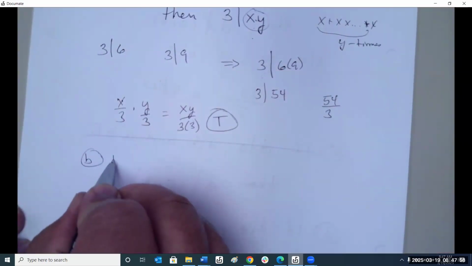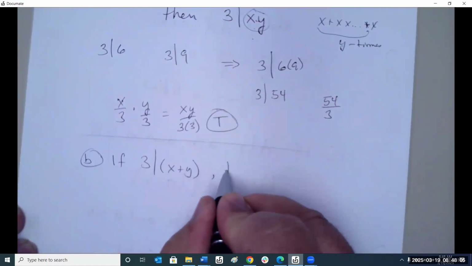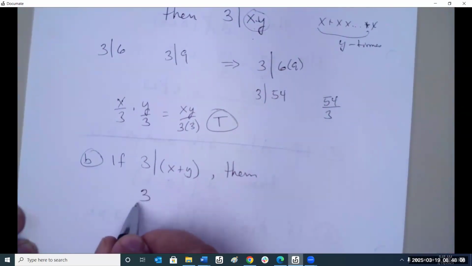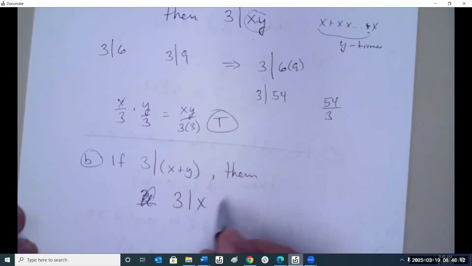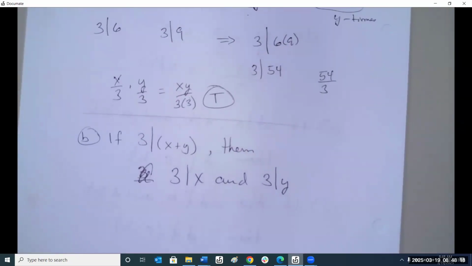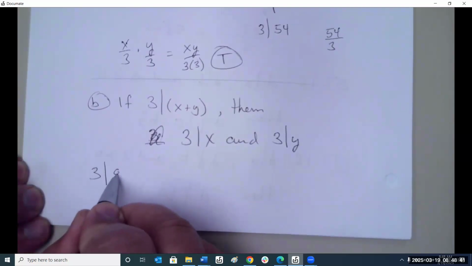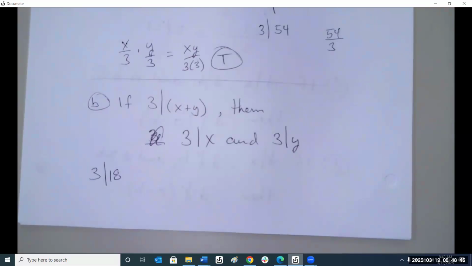B. If 3 is a divisor of X plus Y, then 3 is a divisor of X and 3 is a divisor of Y. Is that true?